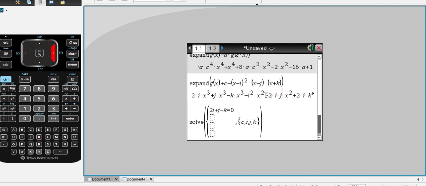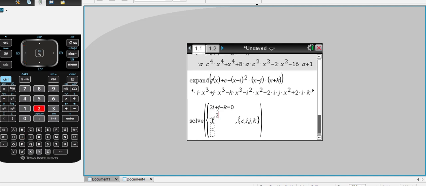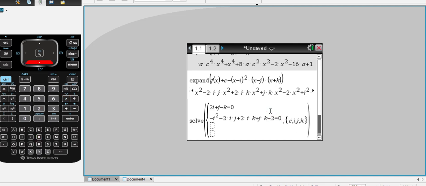And then when you look at the x squared, we need negative i squared minus 2 times i times j plus 2 times i times k plus j times k minus 2 to equal 0.